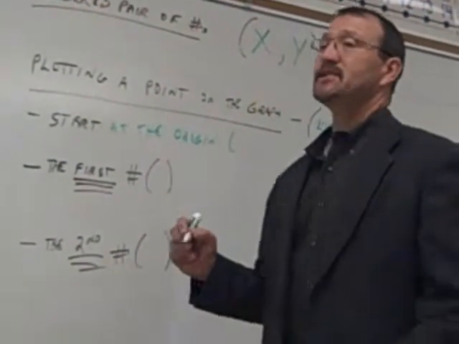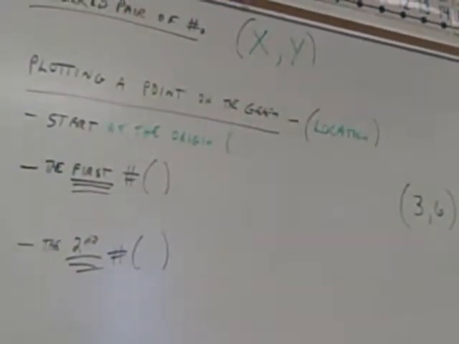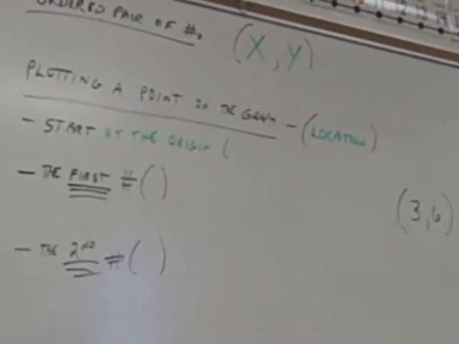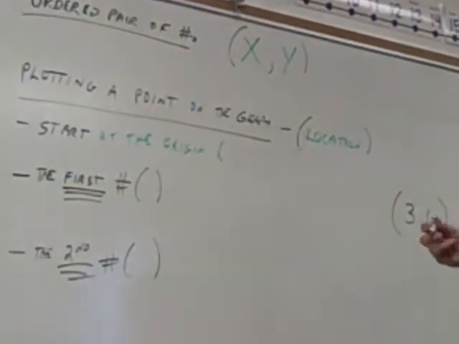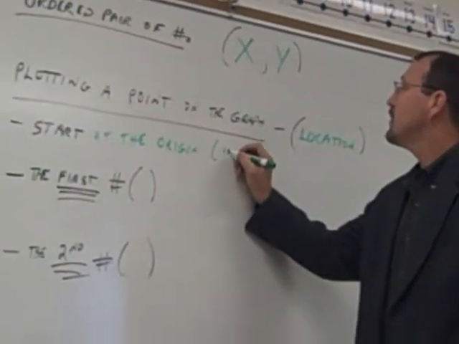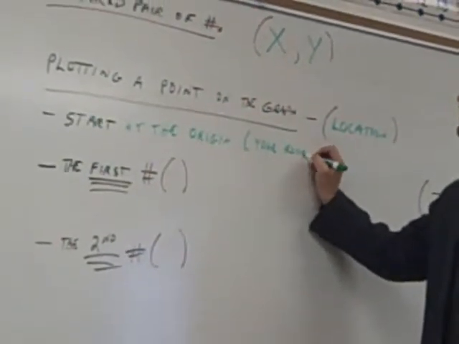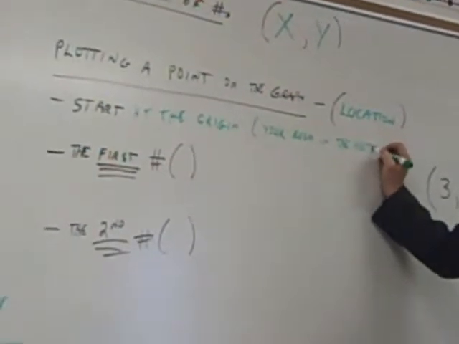Now I'm going to teach you the way I made it easy for me, because I always kept getting these backwards. I called the origin your room in the hotel.